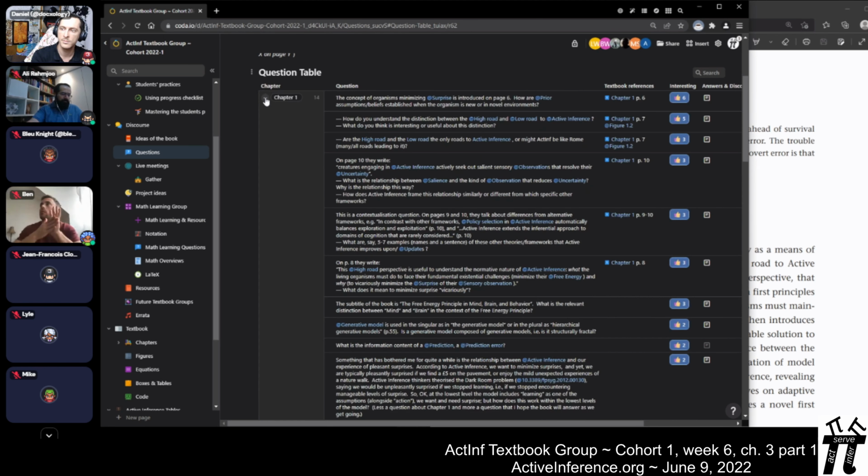What does anyone think about the high road to active inference, or about this low road, high road construct that is used in chapters 2 and 3? Just broadly, how did the approach of chapter 3 feel different than the approach or the topics of chapter 2?